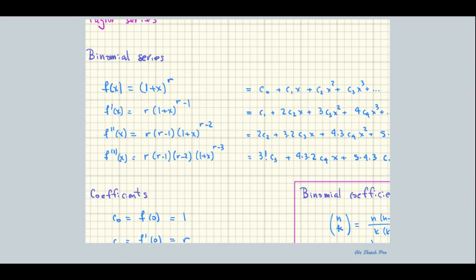But then as a power series, I just take the derivatives. C1x becomes C1. C2x squared becomes 2C2. C3x cubed becomes 3C3 x squared. The next derivative, the r is still there, and then an r minus 1 comes down, leaving an r minus 2.